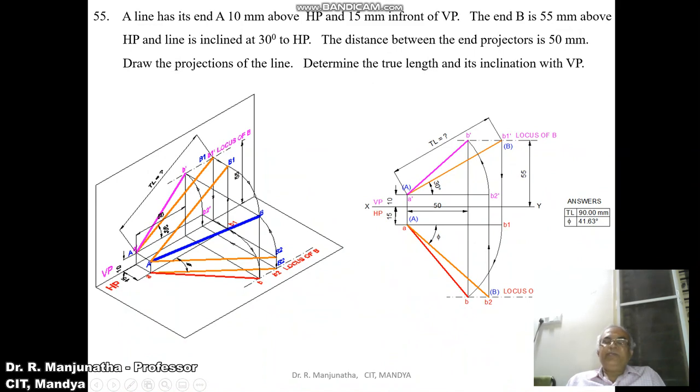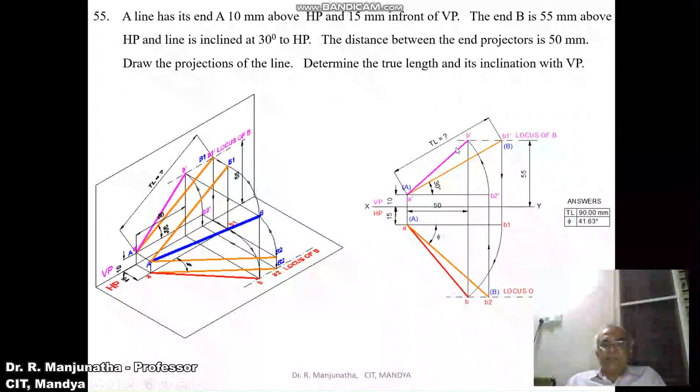Now once you get the locus of B, we need to find out the true length in HP. So you have to make the line which is inclined to HP parallel to HP. The front view of the line should be made parallel to HP. Here, this is the front view because its top view is also inclined.